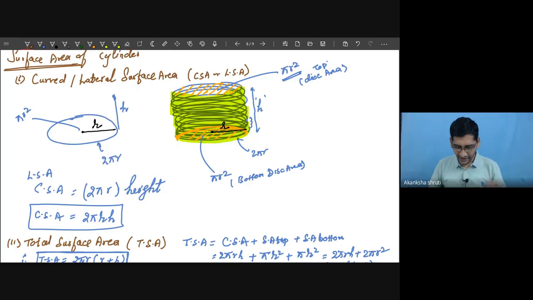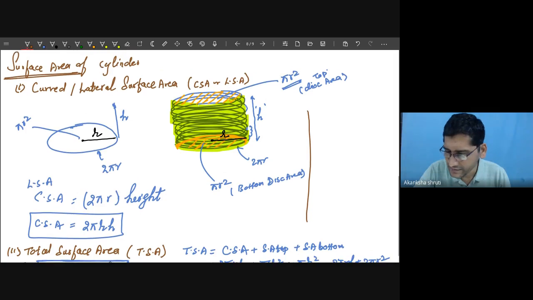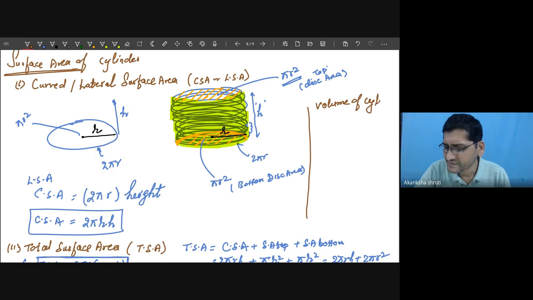of a cylinder. Now if we come to the volume, let me write here itself, volume of cylinder. It's very easy to understand how this volume or this space is occupied by placing the disk of area pi r square up to height h.